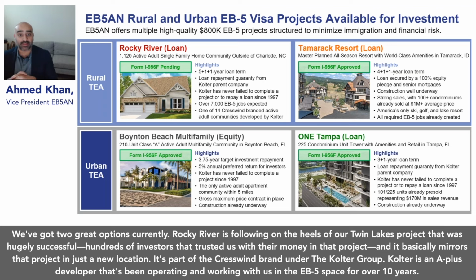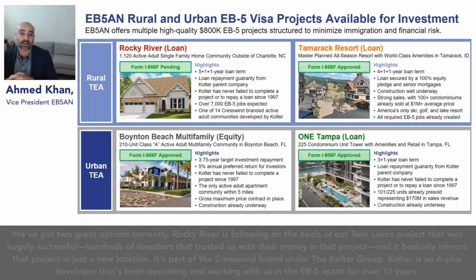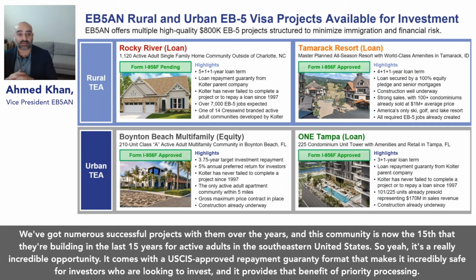Rocky River is following on the heels of our Twin Lakes project that was hugely successful. Hundreds of investors trusted us with their money in that project, and it basically mirrors that project in just a new location. It's part of the Crestwind brand under the Culture Group. Culture is an A+ developer that's been operating and working with us in the EB5 space for over 10 years. We've got numerous successful projects with them over the years.